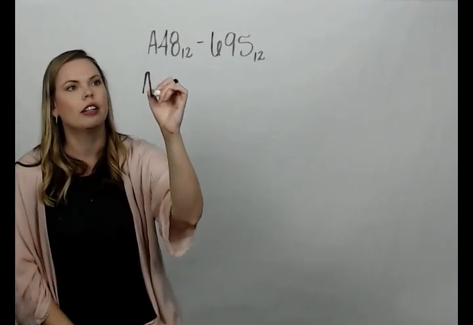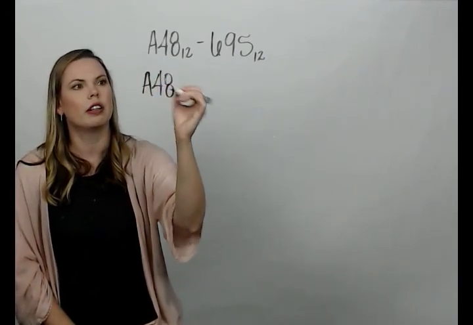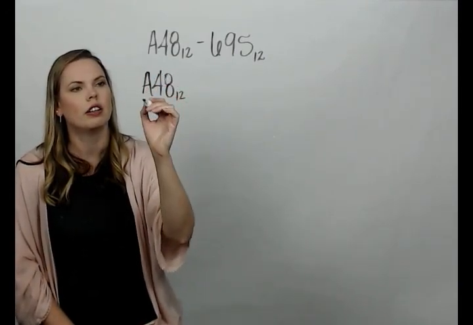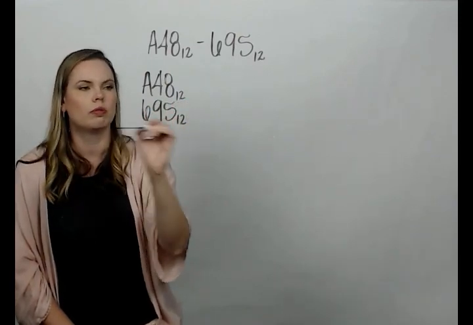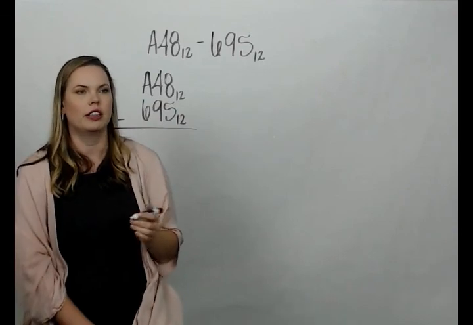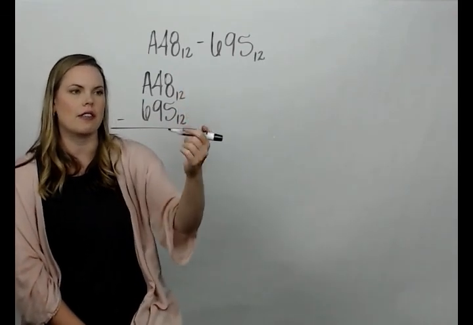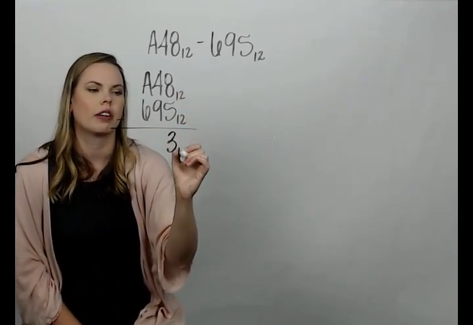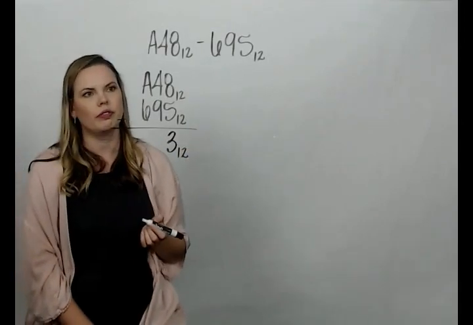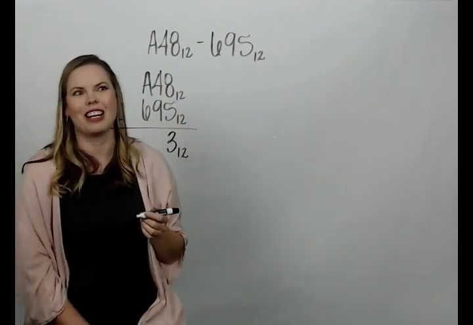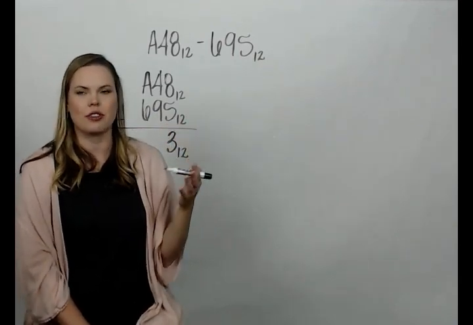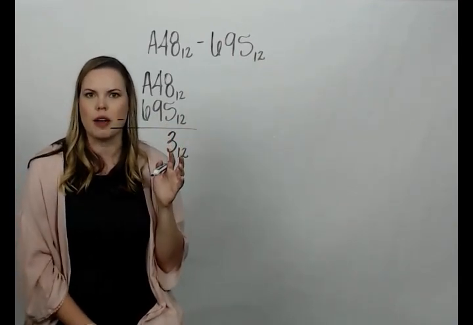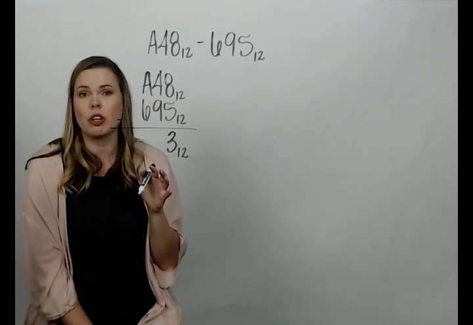Okay, set this one up. All right, so starting off, we're good. 8 minus 5, we can do that. I cannot do 4 minus 9. And so I look over to my larger place value and I have an A there. That means I have 10 in this 12's place. This is actually the 144's place.